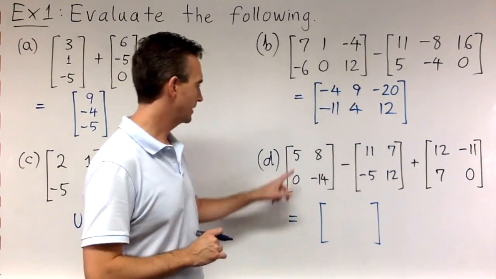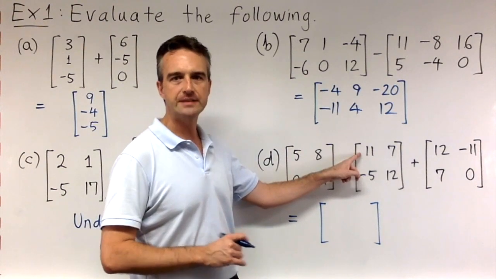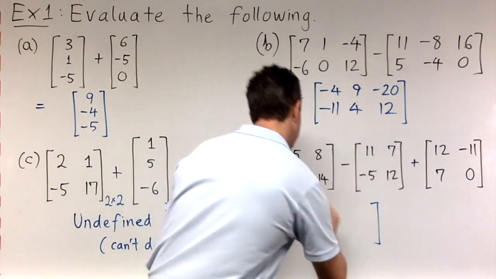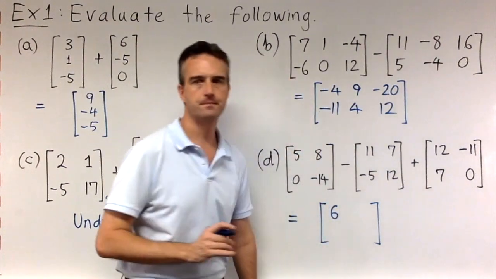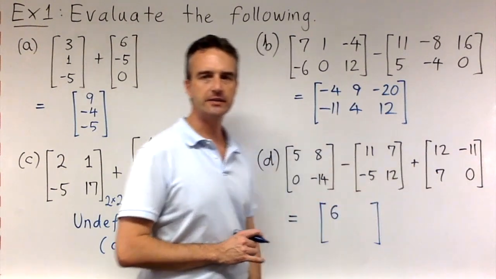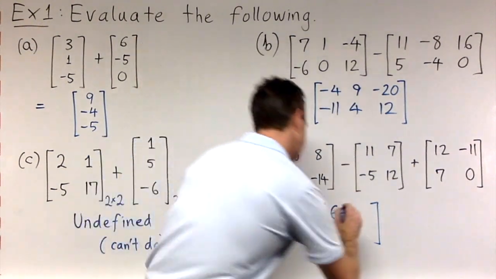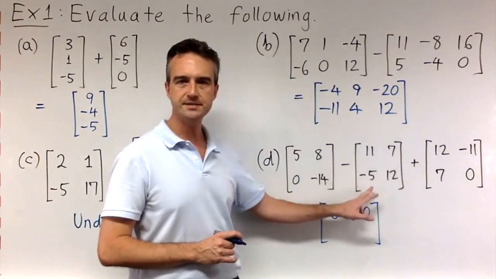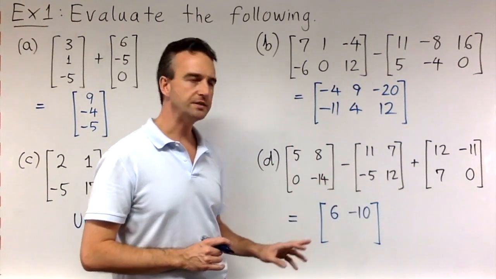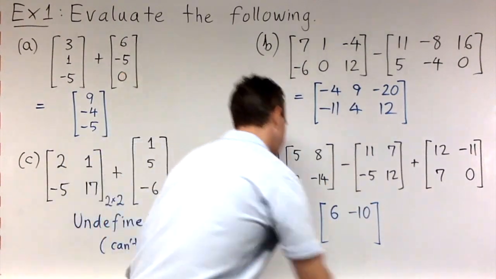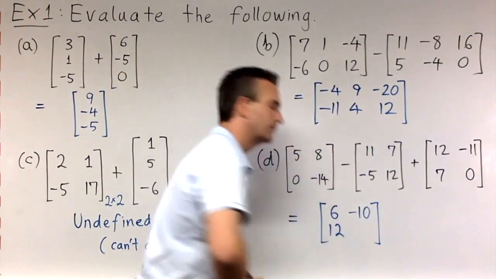Let's do it. 5 minus 11 is -6, plus 12 is +6. 8 minus 7 is 1, plus -11 leaves -10. 0 minus -5 leaves +5, plus another 7 gives us 12.